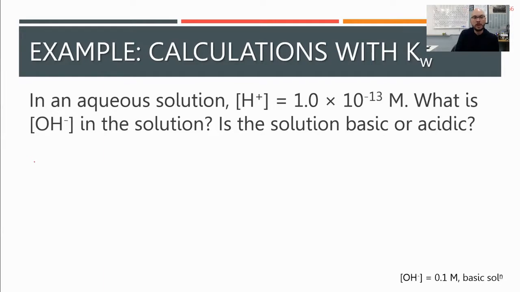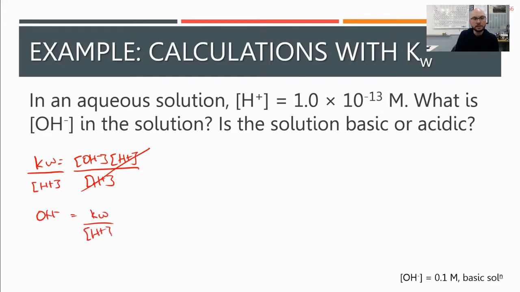So we're going to go, okay, Kw is equal to OH minus multiplied by H plus. We're trying to figure out OH minus, so we divide by H plus on both sides, right? So concentration of OH minus is equal to Kw divided by the concentration of H plus. Kw is always 1.0 times 10 to the negative 14, divided by 1.0 times 10 to the negative 13.